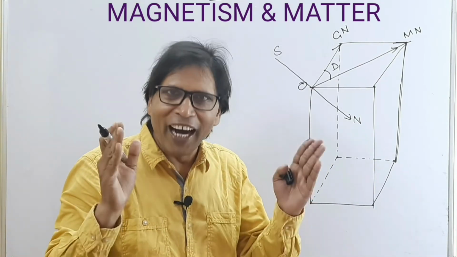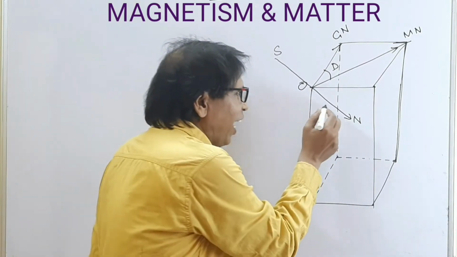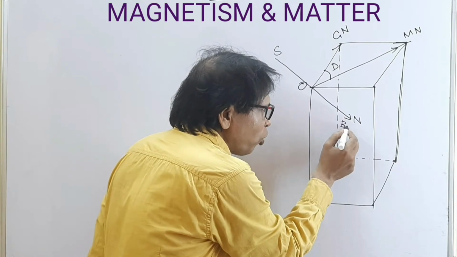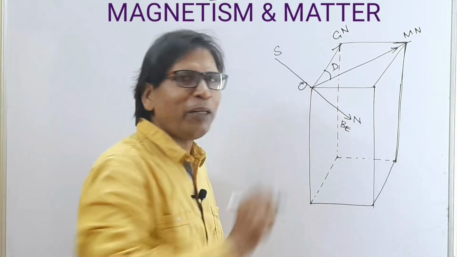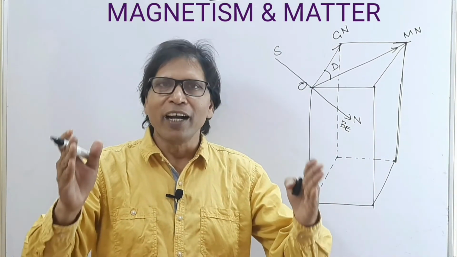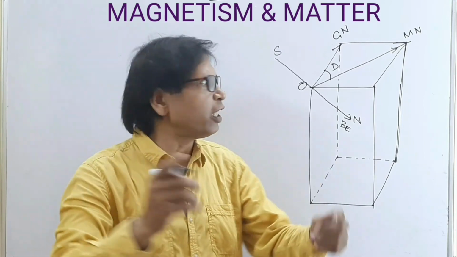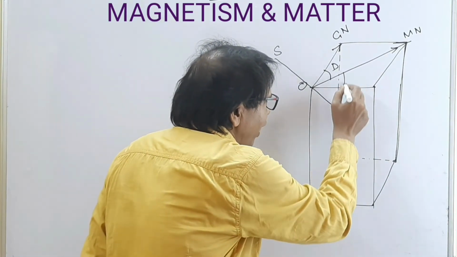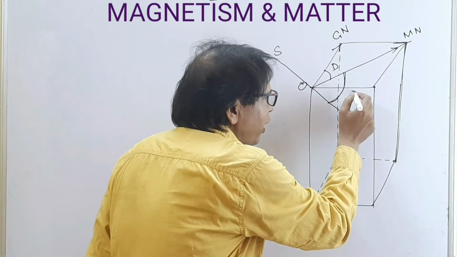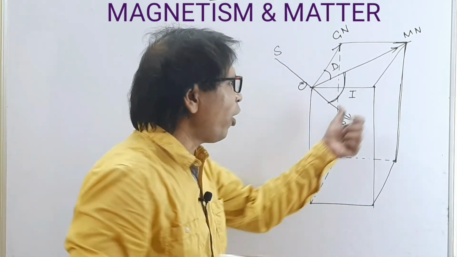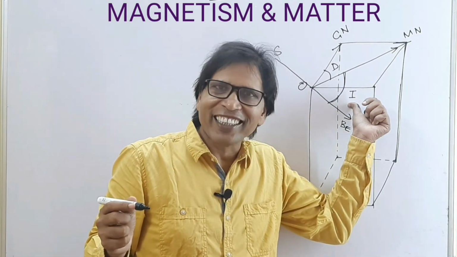So direction of earth magnetic field directed from south pole to north pole, and this is the BE vector. Angle made by total earth magnetic field with this horizontal line is known as angle of dip or angle of inclination.